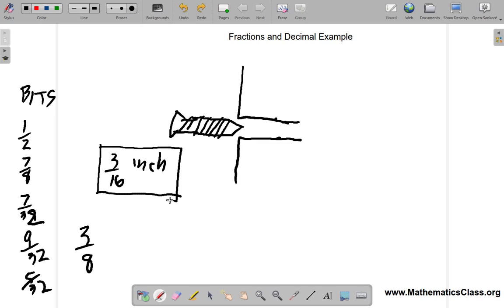Okay, have you done so? Now, this is a 3/16 inch screw. What you can do here in order to compare them is to have common denominators.